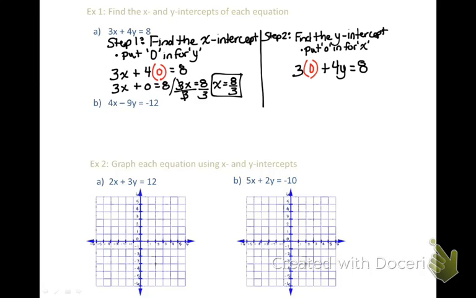So I'm going to, in my head, go 3 times 0 is 0. And so I'm going to just put 4y equals 8. Divide by 4. So y equals 2. So your answer is going to be 8 over 3 and 2. So that's how you find the y and x intercepts.